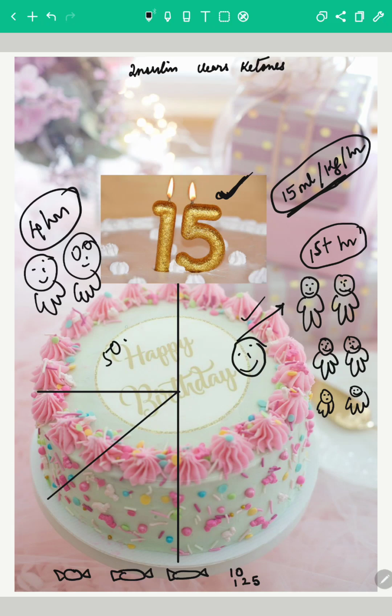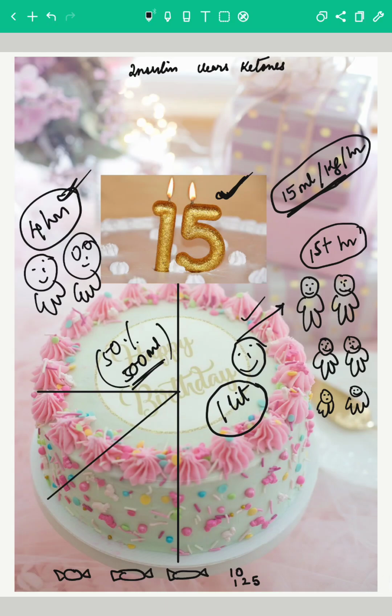Suppose we had given 1 liter, I know liter is not the right unit, but since we will compare it to NS, let's make it liters. So, if we had given 1 liter of cake in the first hour, 50% of that 1 liter, that is 500 ml, we will have to give to the new guests in the next 4 hours, because we have to save some amount of cake for the next guests also.